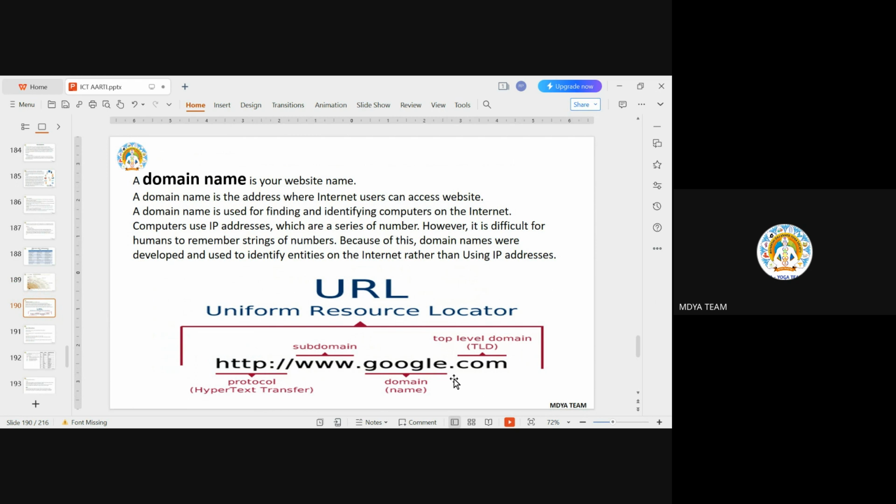For a non-profit organization, you will add .org. That is also the top level domain, also the extension of the domain URL.